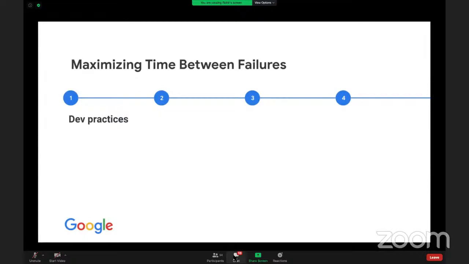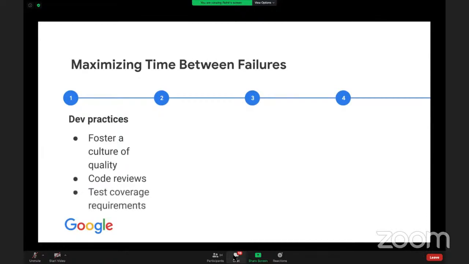Are the changes always backward compatible? If they are not, it poses a greater risk. The next point is the same as the first one, but it is good to say twice: redundancy. Foster a culture of quality, code reviews, test coverage requirements.